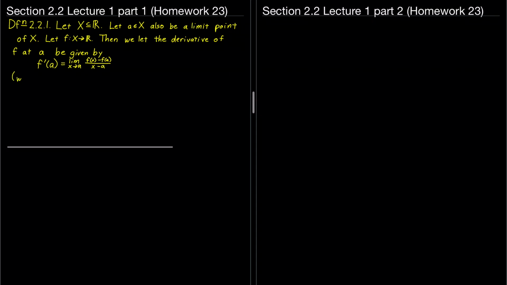So let's note that the domain of the thing we're taking the limit of is taken to be the set X, and then you delete the point where you're dividing by 0, and so that quotient is not defined.